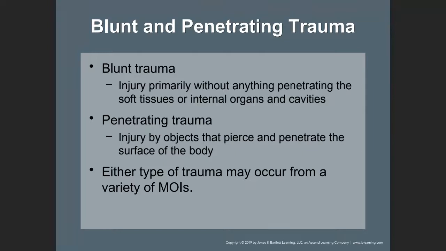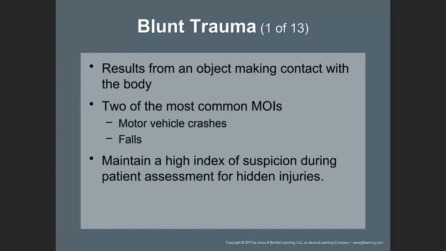Blunt and penetrating trauma. Blunt trauma, injury primarily without anything penetrating the soft tissues or internal organs and cavities. Penetrating trauma, injury by objects that pierce and penetrate the surface of the body. Either type of trauma may occur from a variety of mechanisms of injury. Let's focus specifically on blunt trauma now.